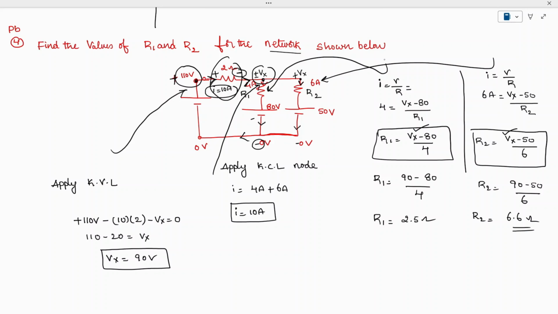That is how to obtain the values of R1 and R2. So successfully we found that R1 is equal to 2.5 ohm and R2 is equal to 6.6 ohm.